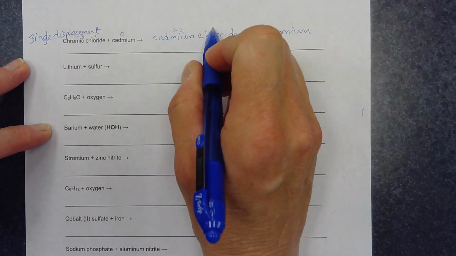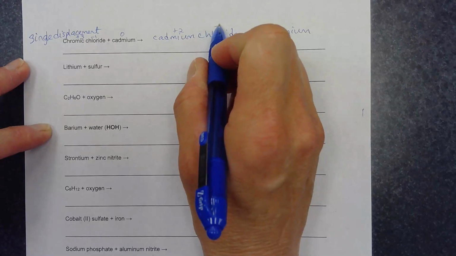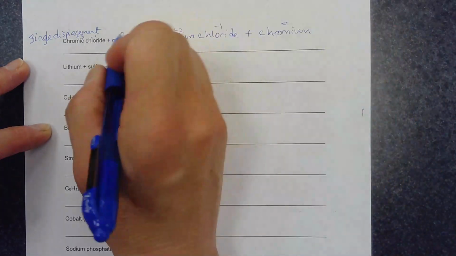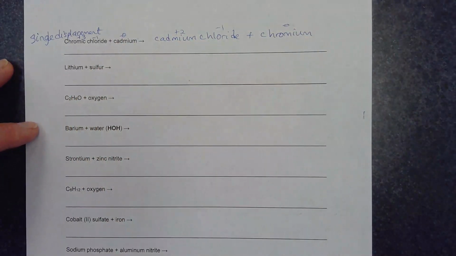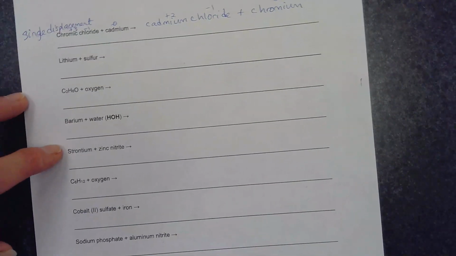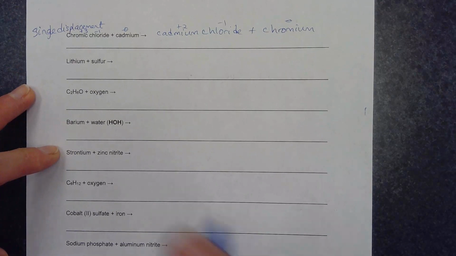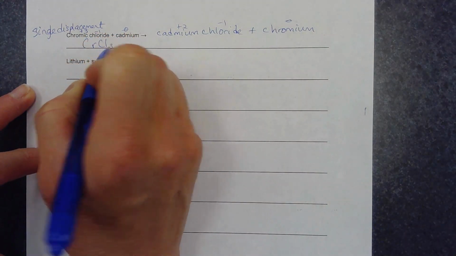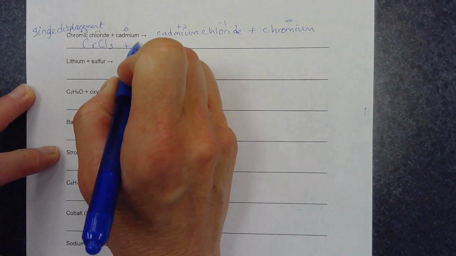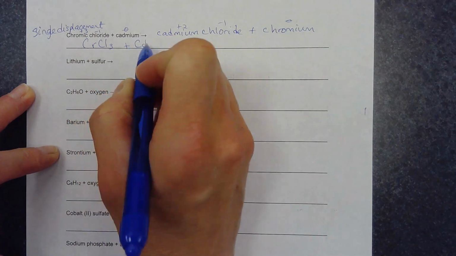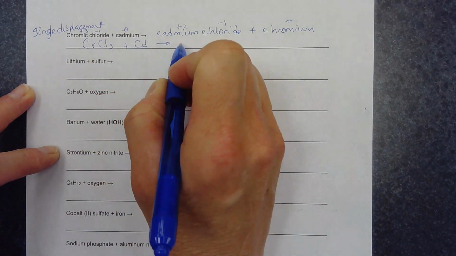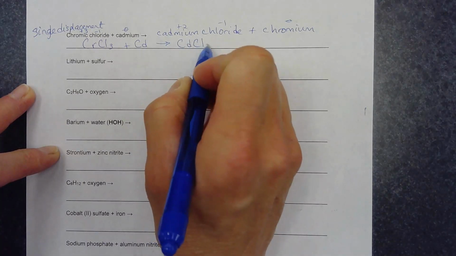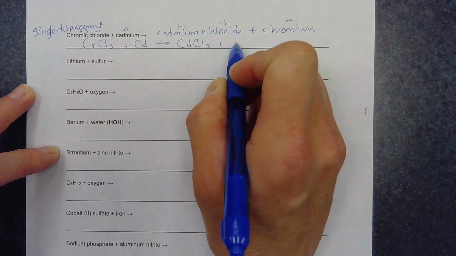Chloride, -1. Chromium here, again, no charge. It's by itself. So when they're by themselves, they don't have a charge. So what's the formula for chromic chloride? CrCl3 plus Cd yields CdCl2 plus Cr.